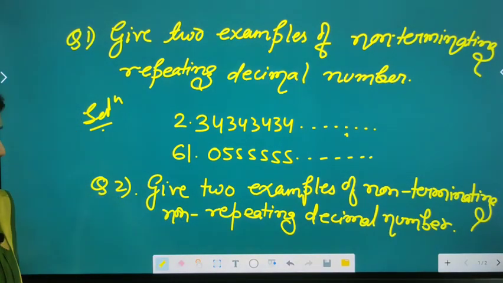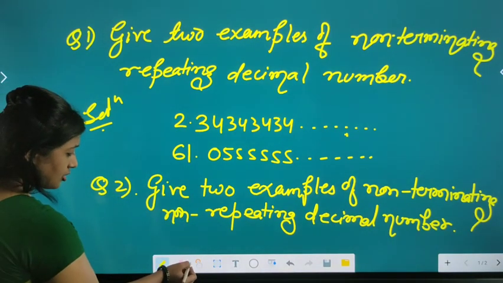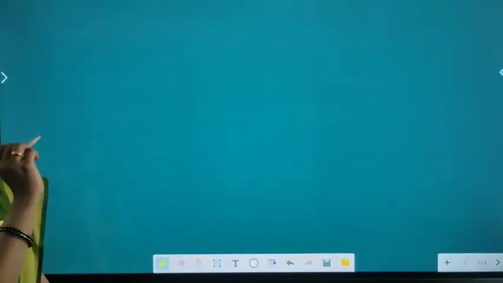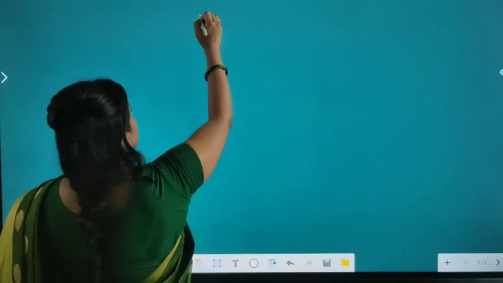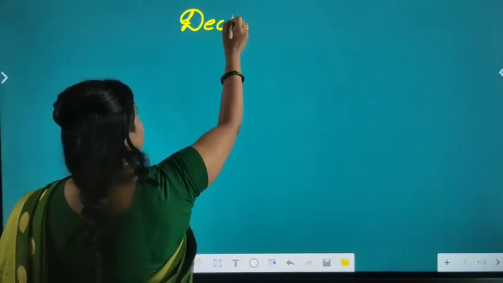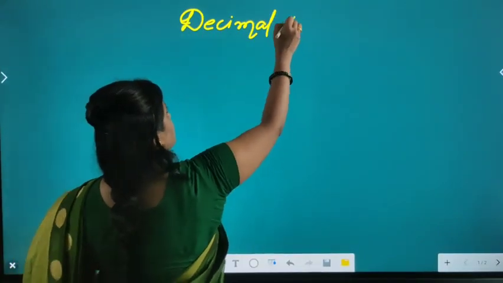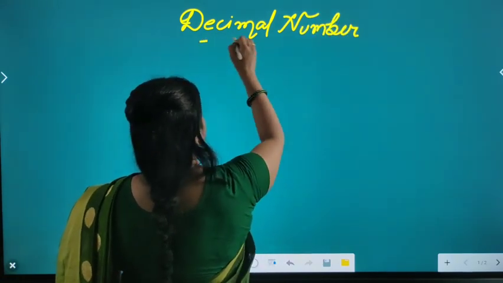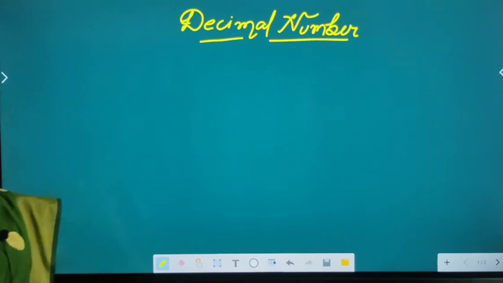Now next, just look at here how we are going to represent this by a flow chart. Decimal number.